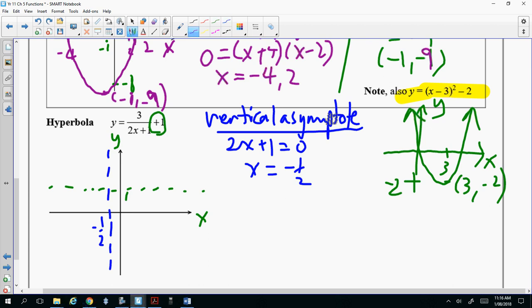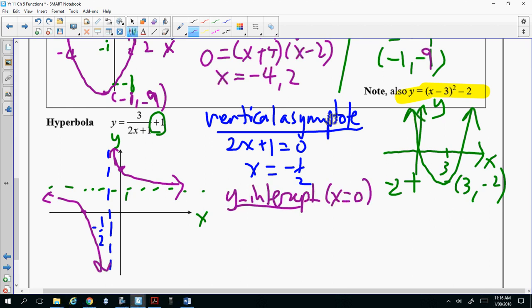So it has 2 things, the x-intercept and the y-intercept, which you have to work out. Let's work out the y-intercept. That's when x is 0. So you get y equal to 3 over 1, plus 1, which is 4. It crosses at 4. And similarly, you can find the x-intercept.